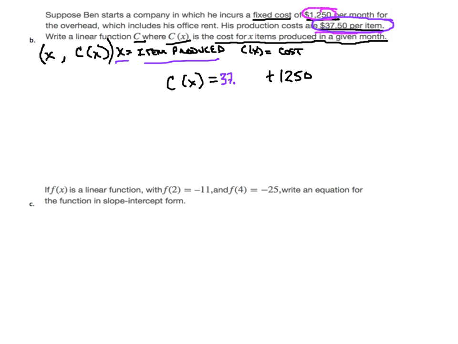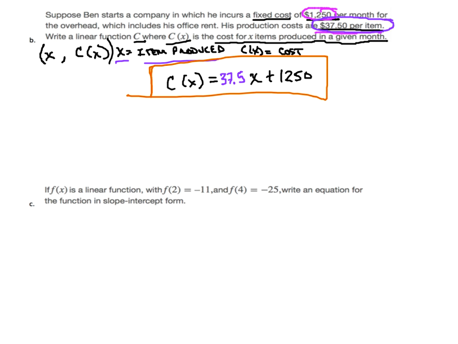So my slope is 37.50, and I multiply that by every item I produce. There is the equation that models that situation: my total cost is gotten by multiplying however many items I produce times 37.50, and then I have to add on my $12.50 overhead, which covers my rent or whatever.